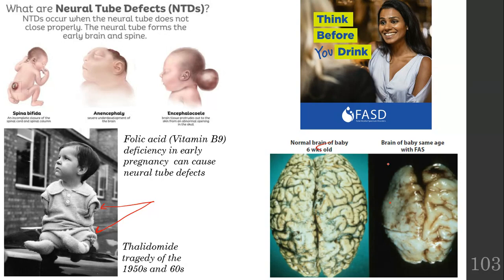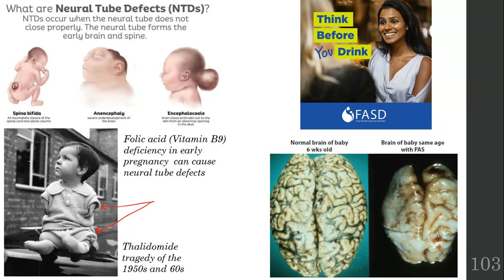Okay, now if we take a look at these two brains, here's the normal brain of a baby 6 weeks old, right? And you can see we talked about all these bumps and grooves, right? The sulci and the gyri, and how we can pack a bunch of gray matter in there.